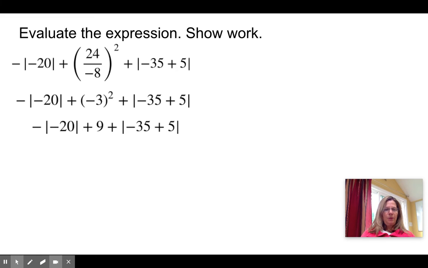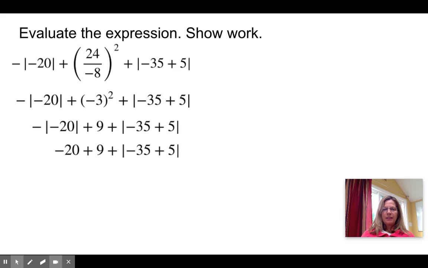The next thing we would do is take the absolute value of negative 20. That is positive 20. But you need to keep that negative sign out in front of it, because that negative sign in front is standing for the opposite of the absolute value of negative 20. So I'm keeping that negative sign.